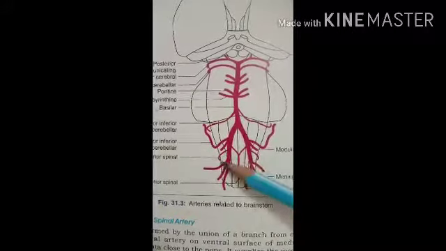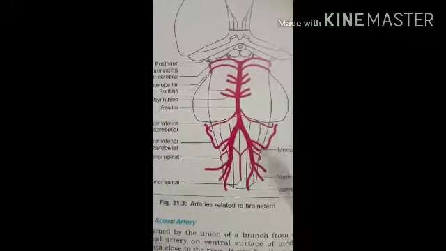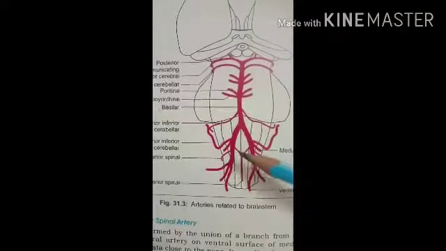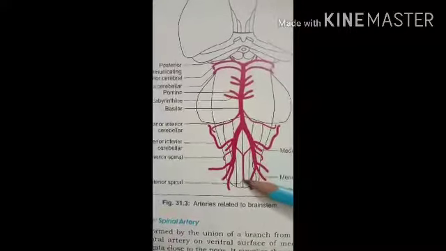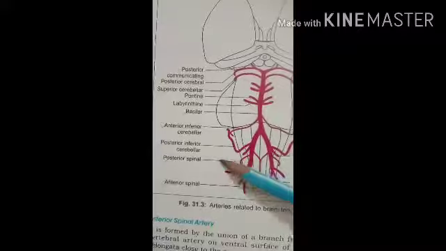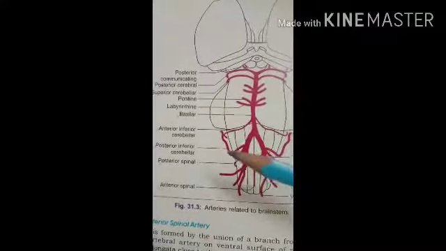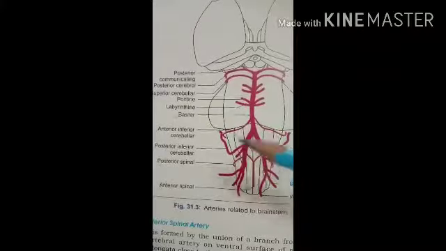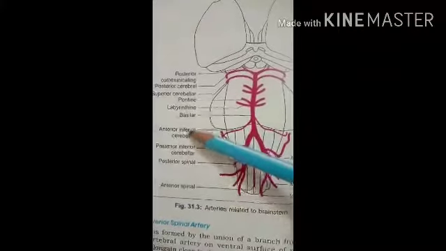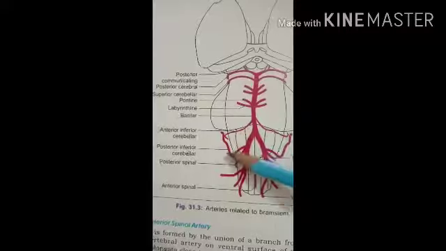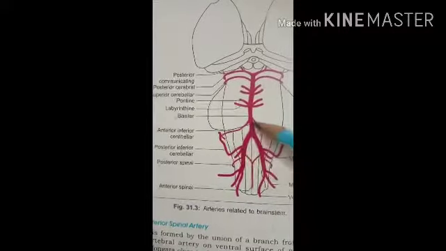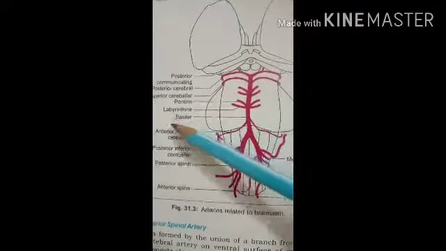So these two are the vertebral arteries. Then the anterior and posterior spinal arteries. So here this is the anterior spinal artery and this is the posterior spinal artery. Then the anterior and posterior inferior cerebellar arteries. So here you can see the anterior and posterior inferior cerebellar arteries, and this is the basilar artery.